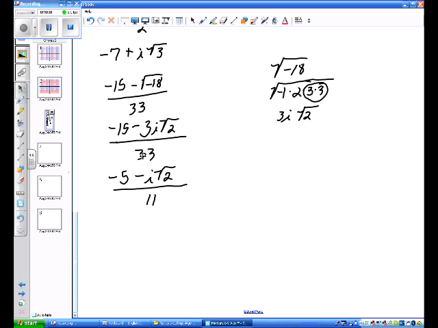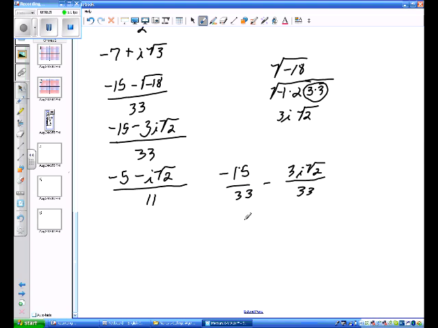Or we could break it into two parts and have it as negative 15 over 33 minus 3i square roots of 2 over 33. And then reduce each fraction.